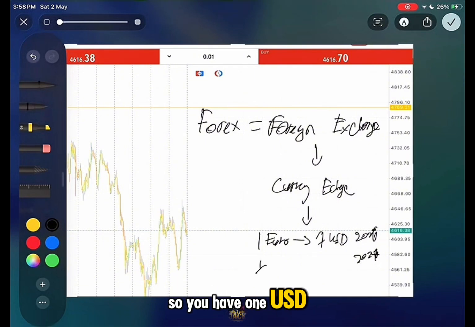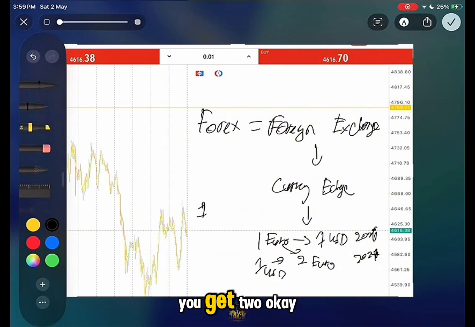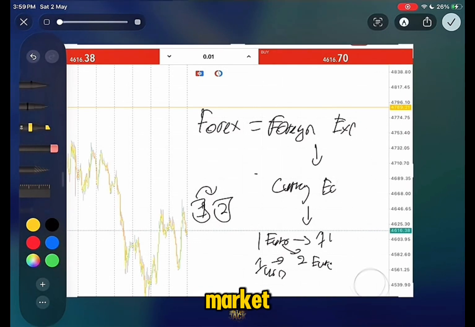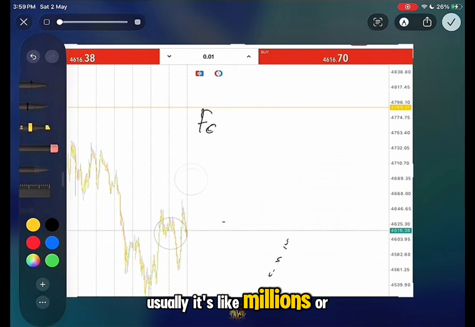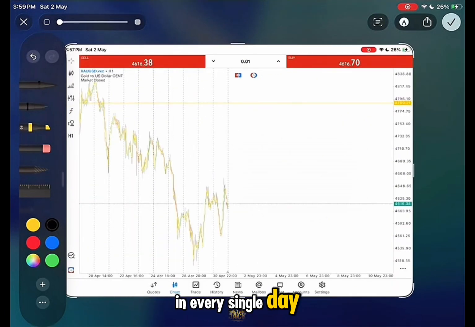So you have $1 USD now, and you want to exchange the $1 USD into euros, and you will get €2. See the difference? From 1, you get 2. This is Forex. I'm just showing you a small number. It's just a dot on the Forex market. Usually it's millions or billions of dollars pumping in every single day on this Forex market. That's how huge the market is.